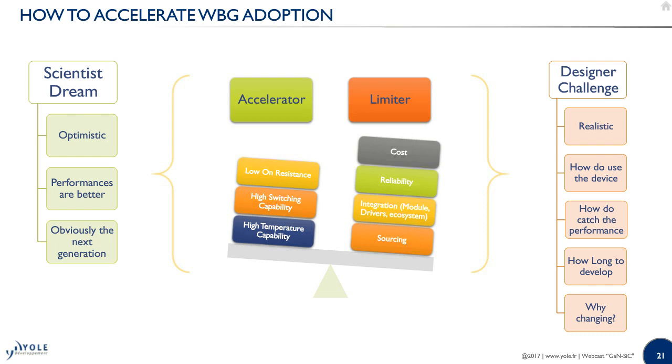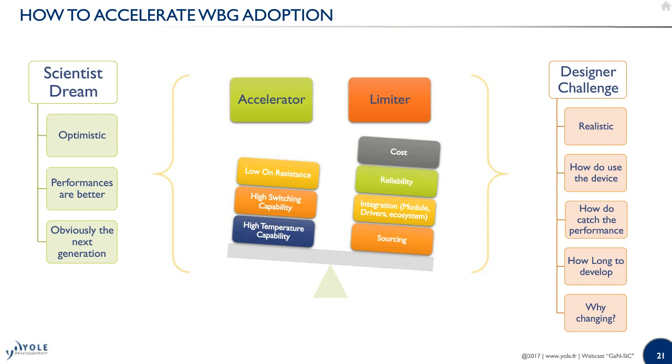I think it's obvious to people that there is a real performance advantage for GaN and for SiC. But there are several limiters for adoption, such as cost, which will be addressed by Elena later. There are reliability issues, but we noticed that there are two consortiums, for both silicon carbide and gallium nitride, to establish standards for reliability tests.